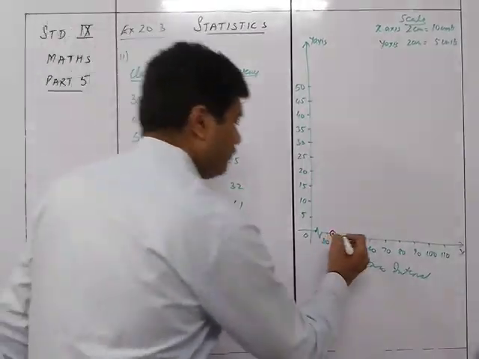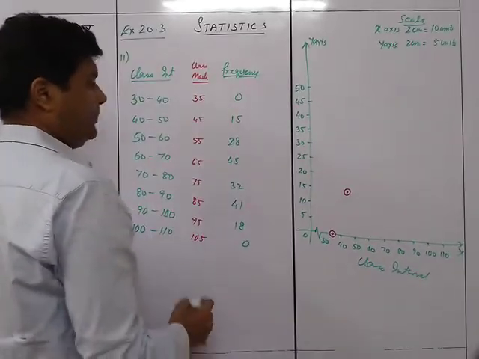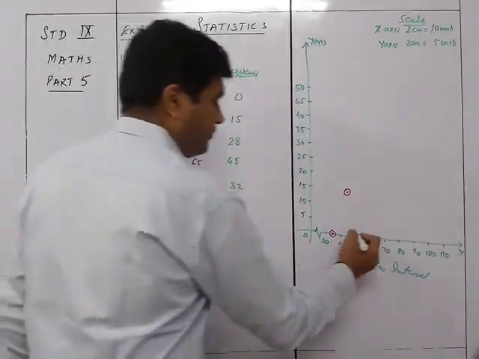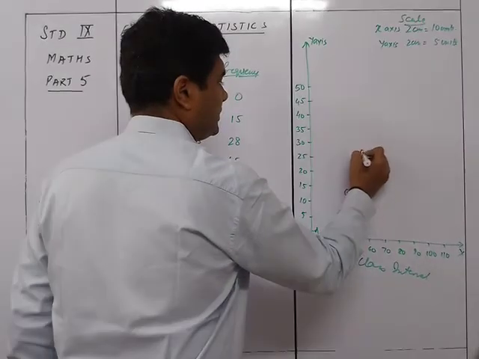45 and 15. So 45, 15 will be over here. This is the point over here, will be 45, 15. 55, 28. 55, 28 will be between 25 and 30.